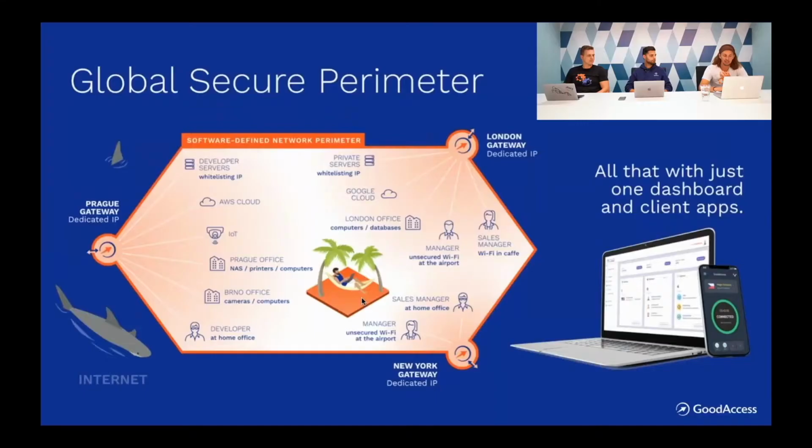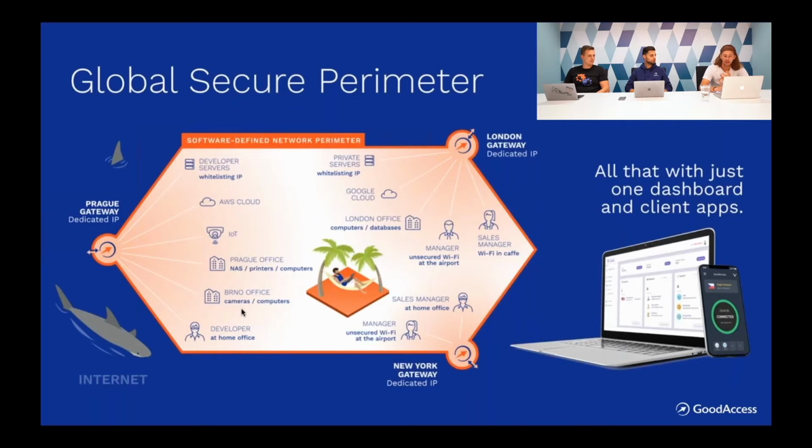So we create a hidden private island, you can imagine like an island, where we have all team members connected together with all company branches, company cloud, private networks, and all the other systems which the company has. Everything should be connected with everything, and we apply the zero trust access control in the perimeter.